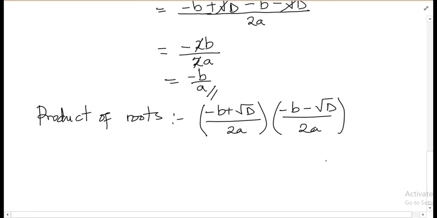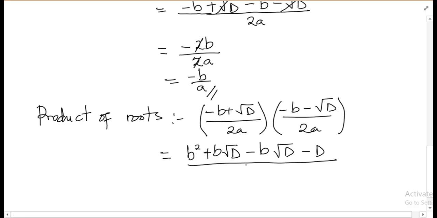Let's expand the numerator, which will have minus b times minus b, which is b square, then minus b times minus root d, that will be plus b root d, then here we have minus b root d, then root d times root d, which is d, with the sign minus. All divided by 2a times 2a, which is 4a squared.